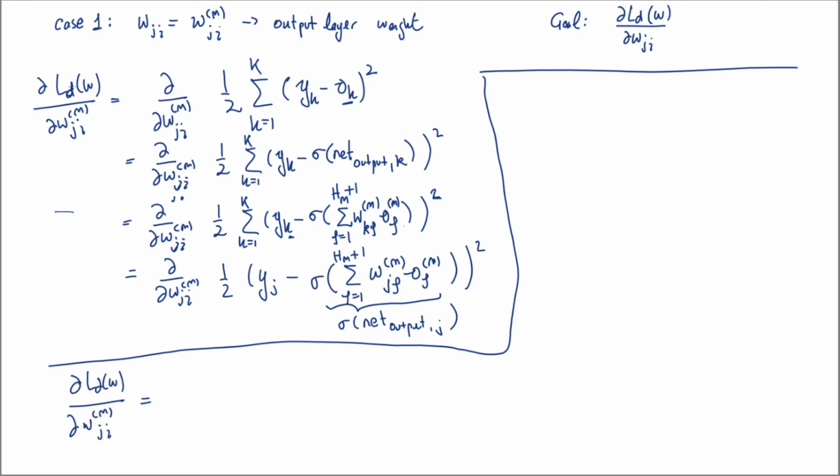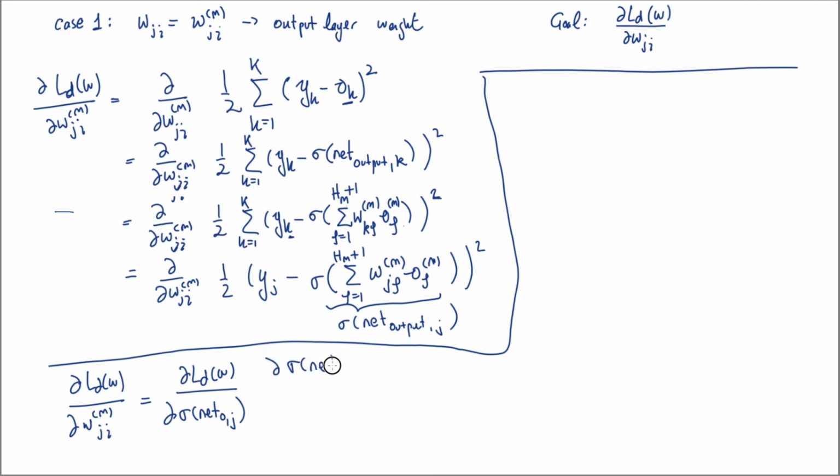Okay, well, if we know that computing this derivative is just computing the derivative of this guy, well, we can use the chain rule to rewrite this as... sorry, I'm going to write OJ instead of output J, just to make life a little bit easier.